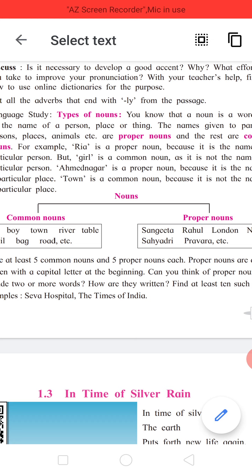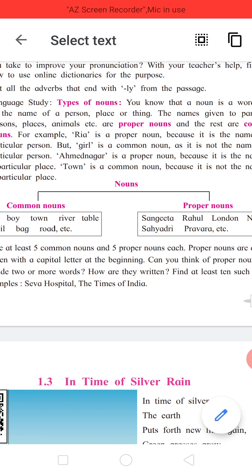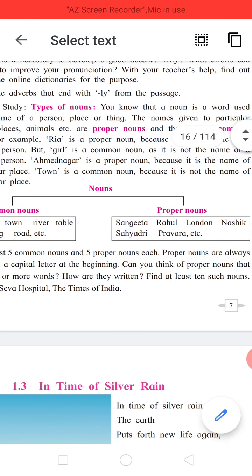And if I say girls are smart, here I have not specified the name of any particular girl. In girls, any girl can be. So girls here is a common word, so girls will be a common noun. Some nouns are used for common things, common animals, common people, common objects. They are called common nouns.